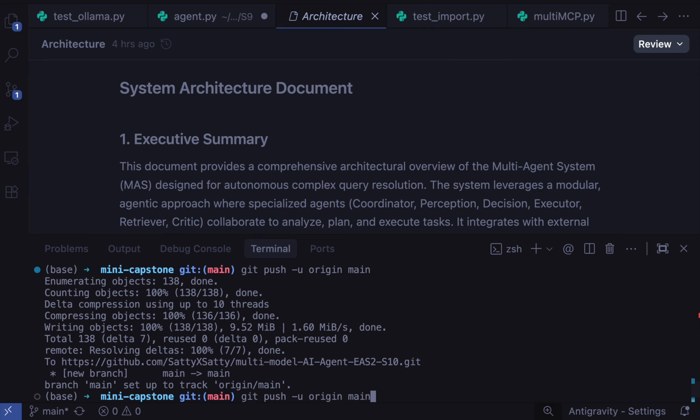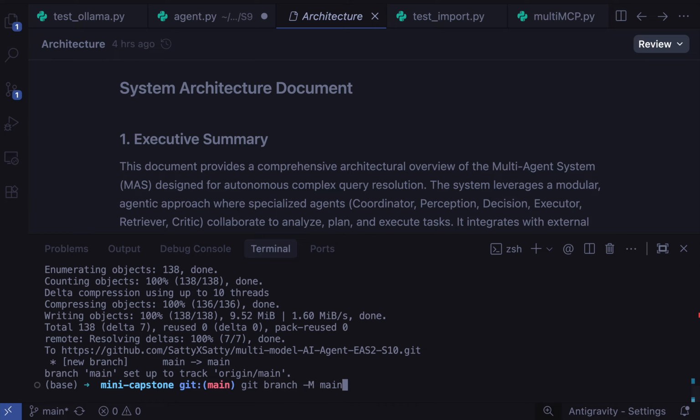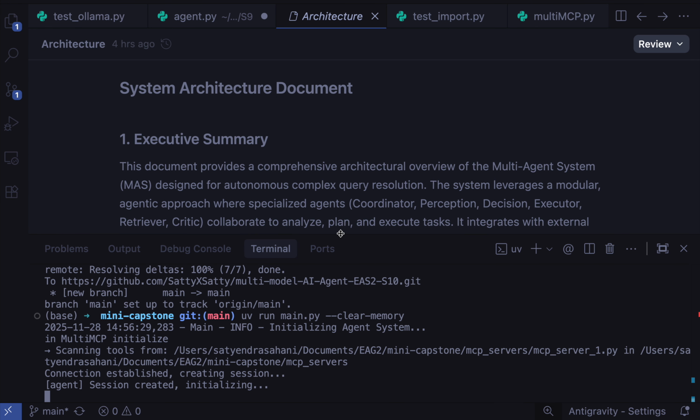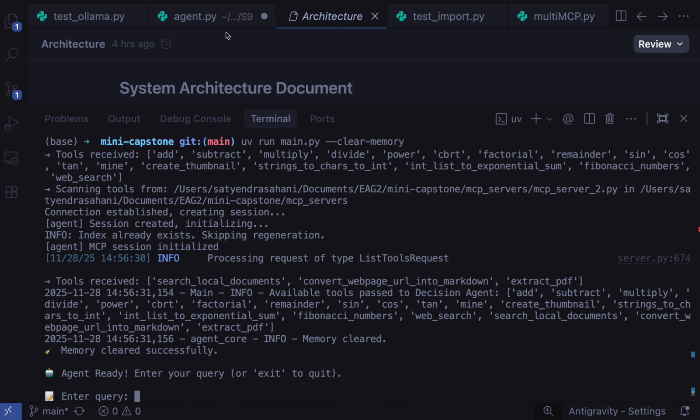So I'll quickly run this. So this is how it goes. I'm just clearing the memory so that no previous search has anything.